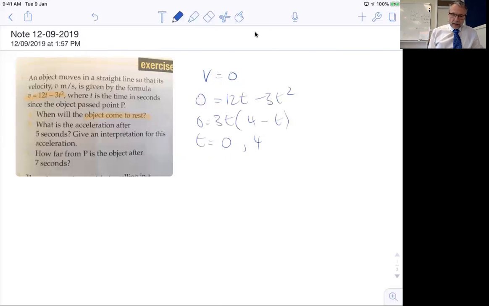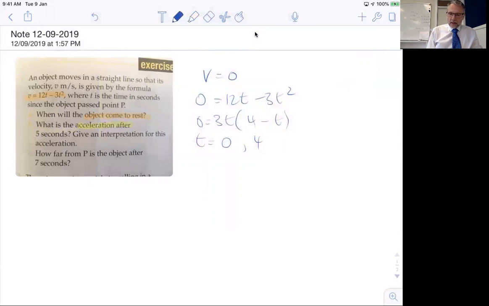Next question then, if we will highlight, I'll choose another color to keep it interesting, is what is the acceleration after 5 seconds? Okay, so let's look at that. It's always handy just to have this little diagram here.